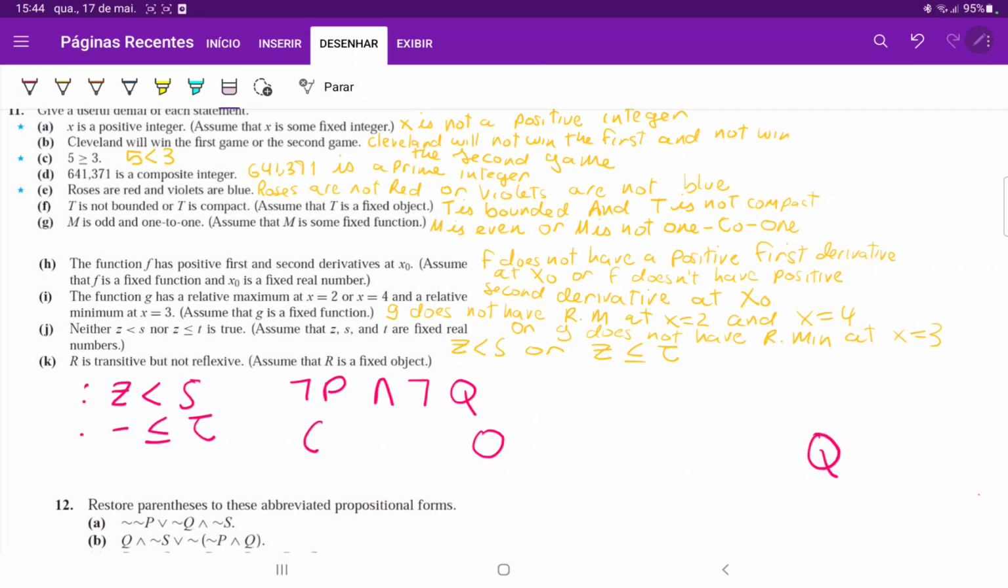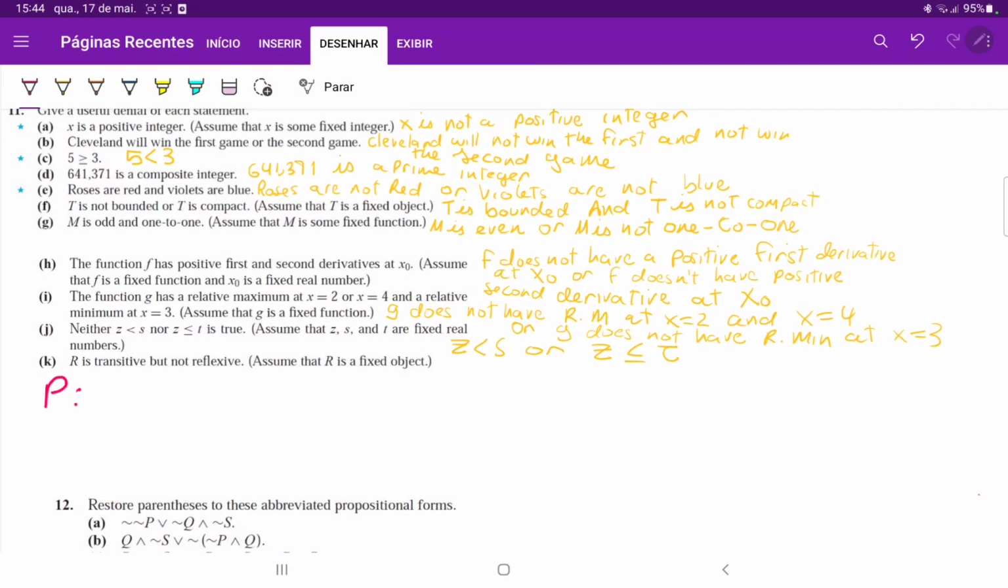And lastly, for K, we have that R is transitive but not reflexive. So we have the propositions P, R is transitive, and Q, R is reflexive. Let's set up our propositional form.